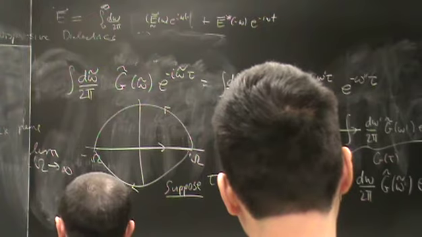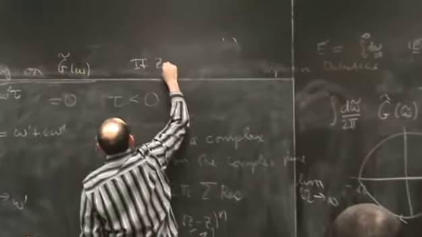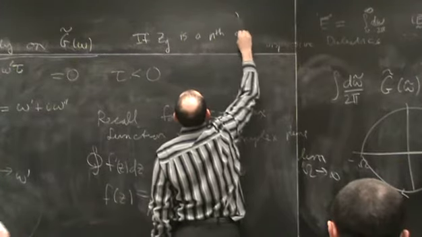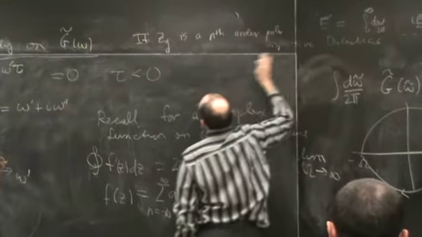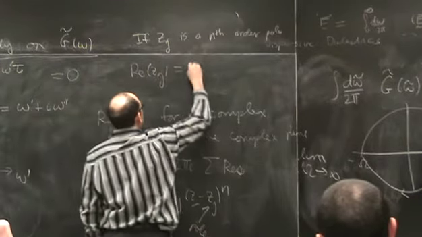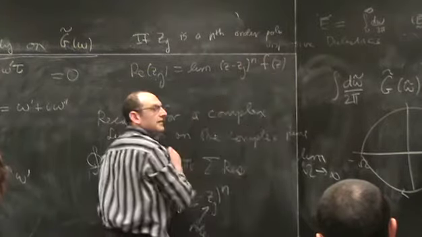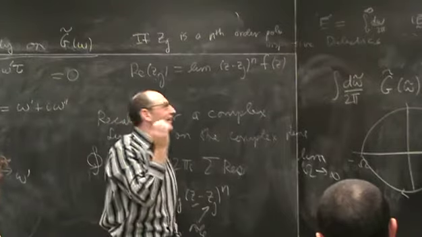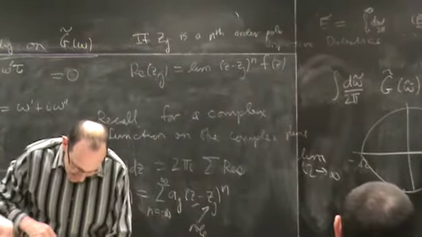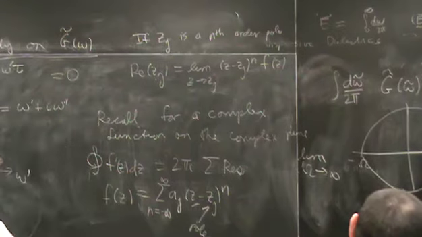The residue, so if Zj is an nth order pole, then the residue at Zj is equal to the limit of z minus Zj to the power n times f of z. That's the definition.